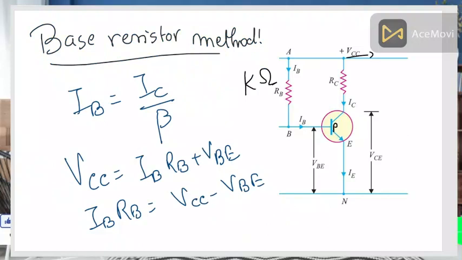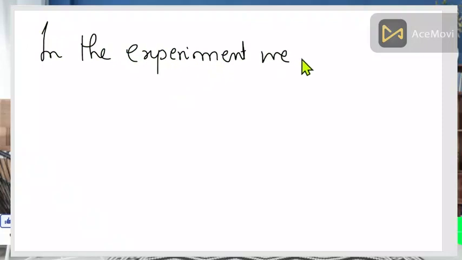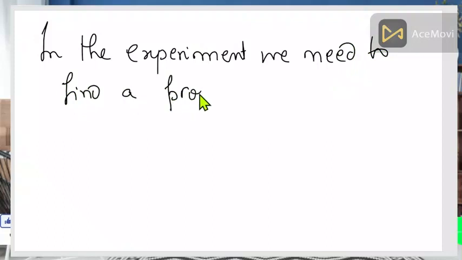Now in this circuit analysis, let me change the page. In the experiment, we need to find a proper value of RB.